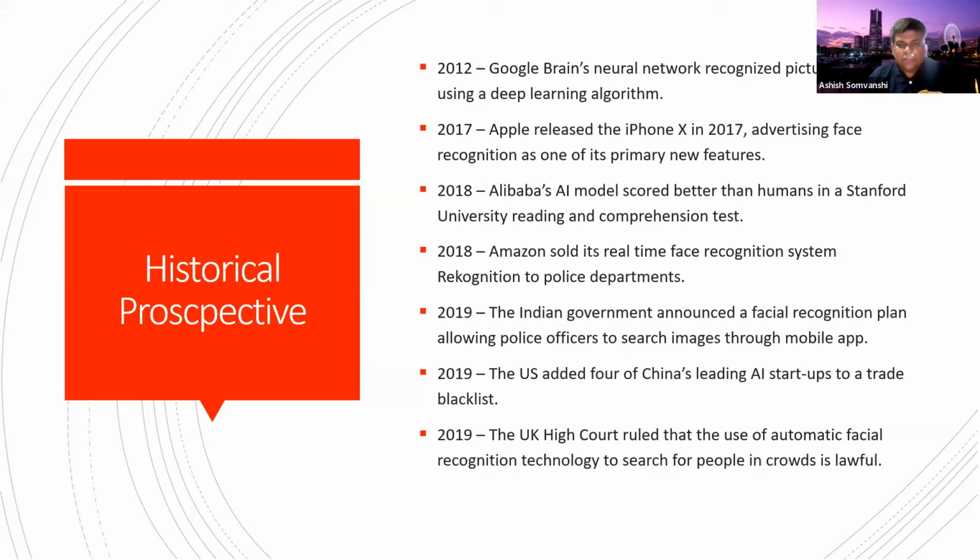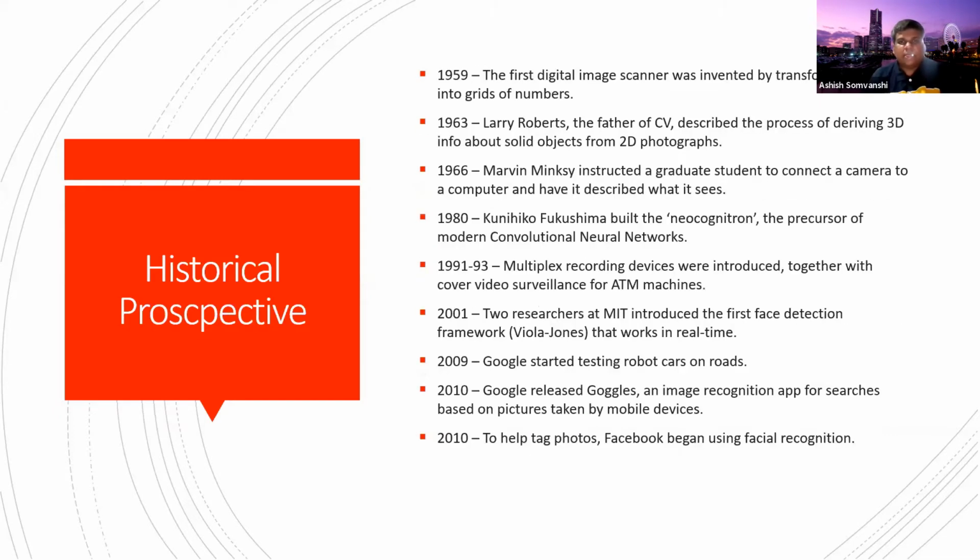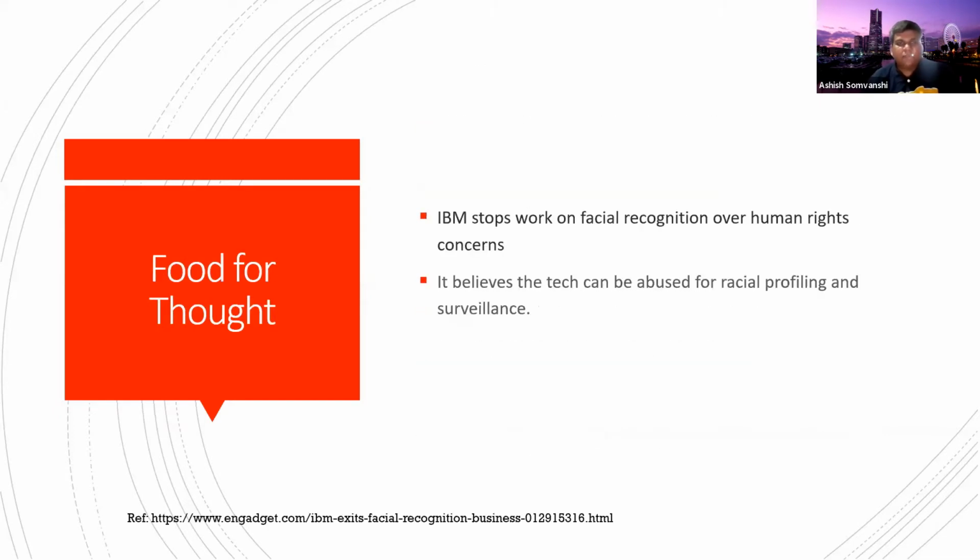Then in 2019, the UK High Court ruled that the use of automatic face recognition technology to search for people in a crowd was lawful. So that brings us back to the first question we had for thought: why did IBM stop working on facial recognition over human rights concerns? A very ethical question.